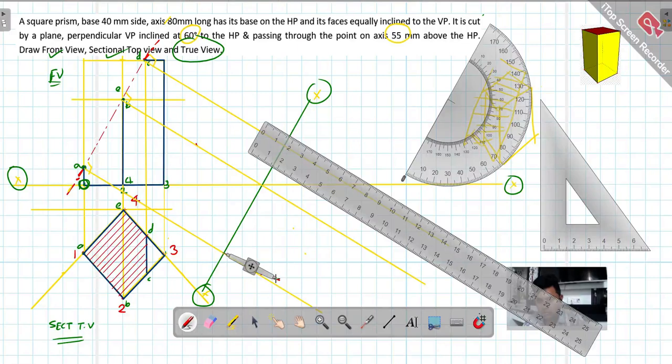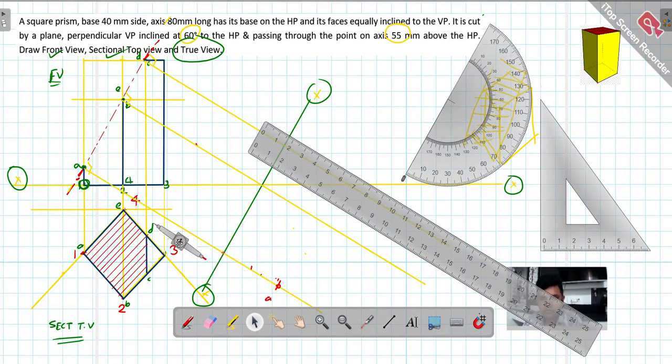Of course, you're going to use the pencil. I got this point. What is this point? This point is nothing but A. Again, keep the compass here.